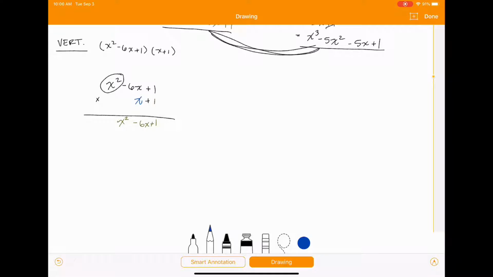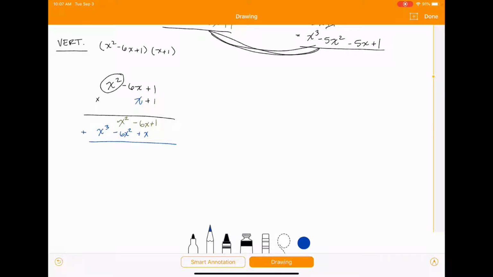All right. So we're going to have 1 times x, which is a positive x. And then we're going to have negative 6x times x, which is negative 6x squared. And then x squared times x, which is a positive x cubed.